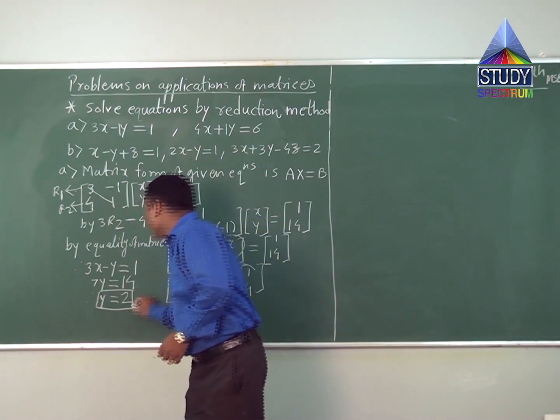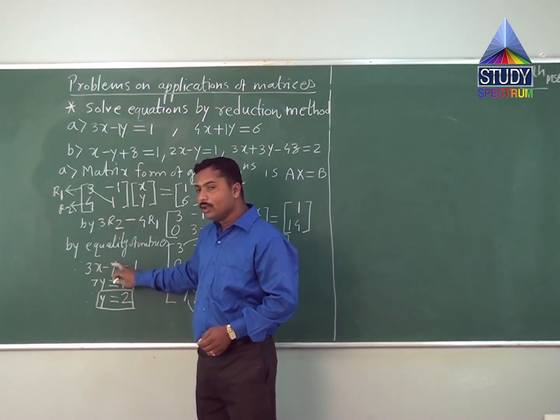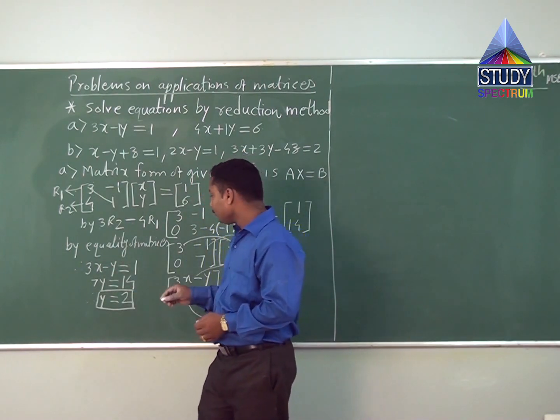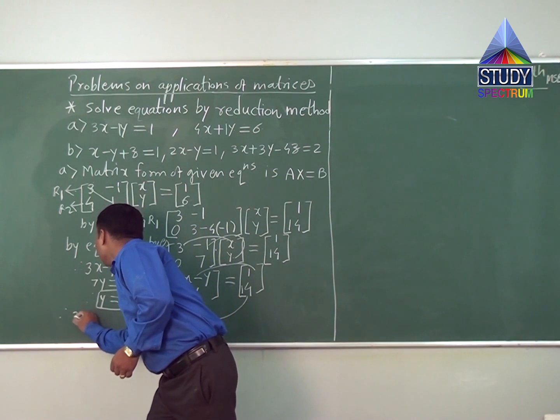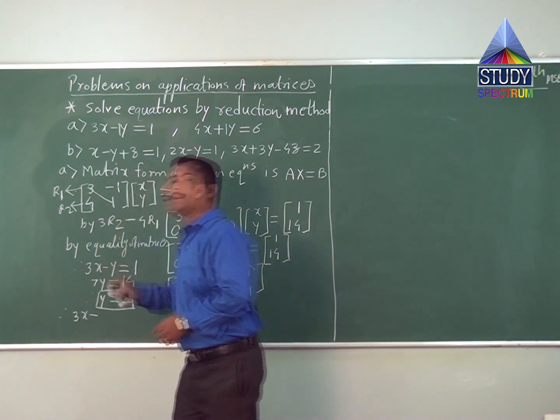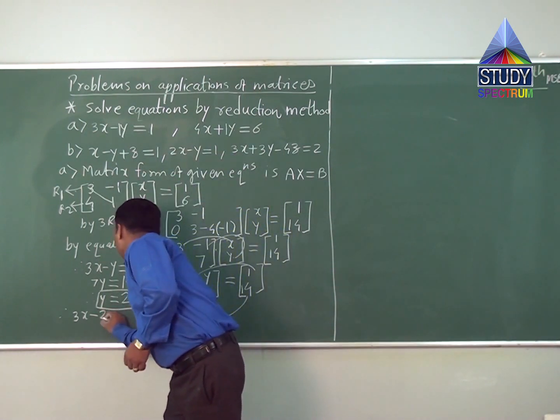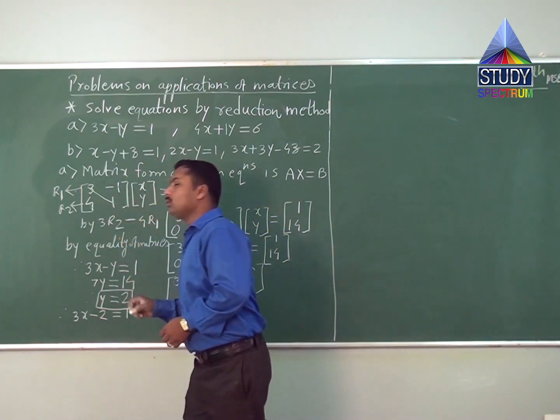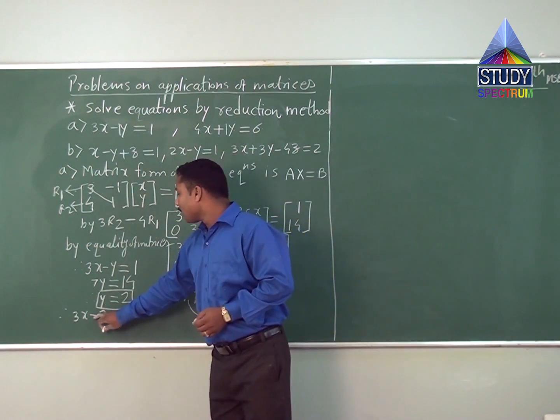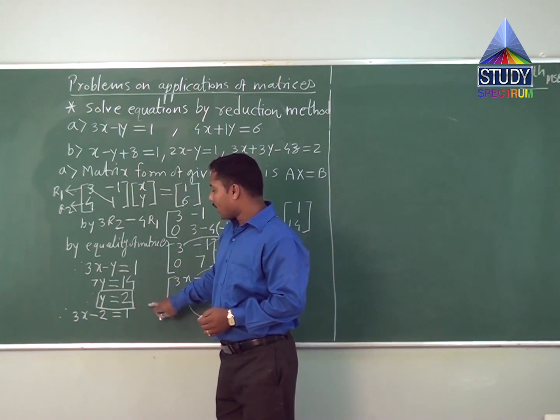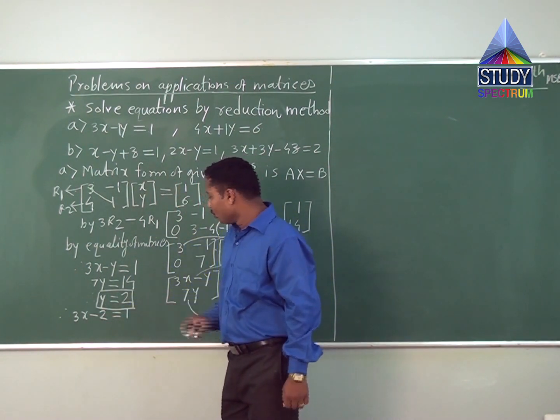Y equal to 2. Putting y equal to 2 in this equation, what happens? 3x minus y, y equal to 2, equal to 1. So minus 2 shifts to the right hand side and becomes plus 2.